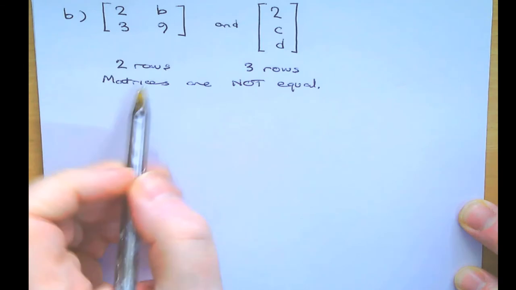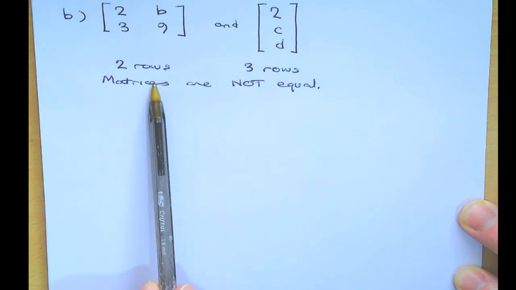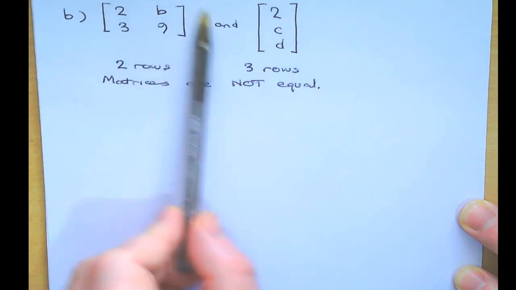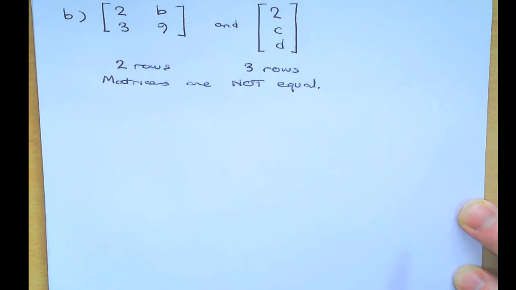There is no set of circumstances under which those matrices are equal. This one is 2 rows, this one is 3 rows. At this point, we can stop trying to find any circumstances under which they are equal. Those circumstances just don't exist.